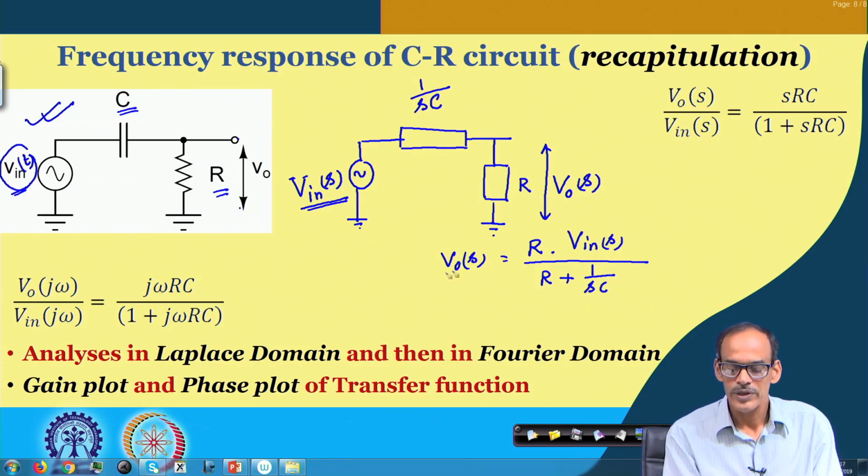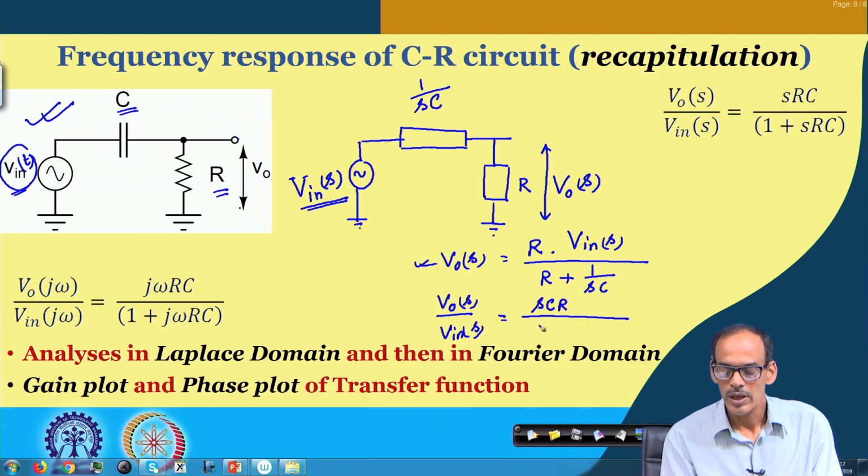If we simplify this equation, V O(s) divided by V in(s) becomes sC into R in the numerator, and in the denominator we have 1 plus sC into R. So, this is the input to output transfer function in the Laplace domain.